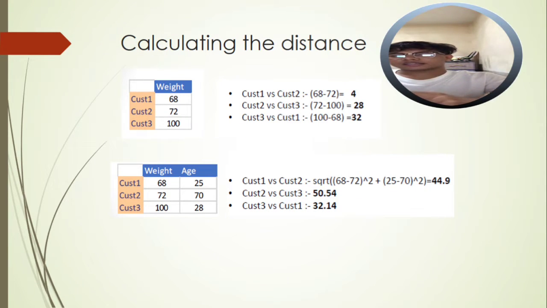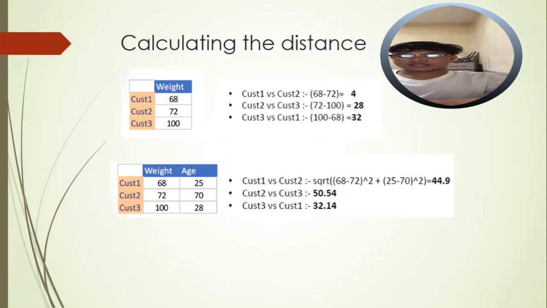So, calculating the distance. So, in this slide, makita natin na like yung cluster 1, 2, and 3. So, cluster 1 versus cluster 2, 68 minus 42 is equals to 4. So, yun ang isa sa example ng paano mag-calculate ng distance within the clusters. So, the second one is cluster 1 versus cluster 2.